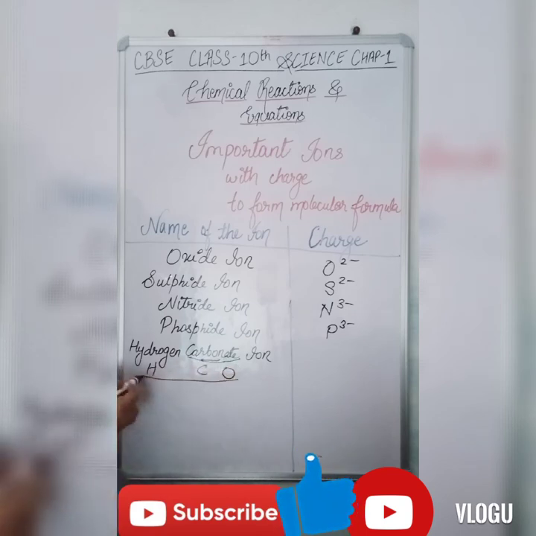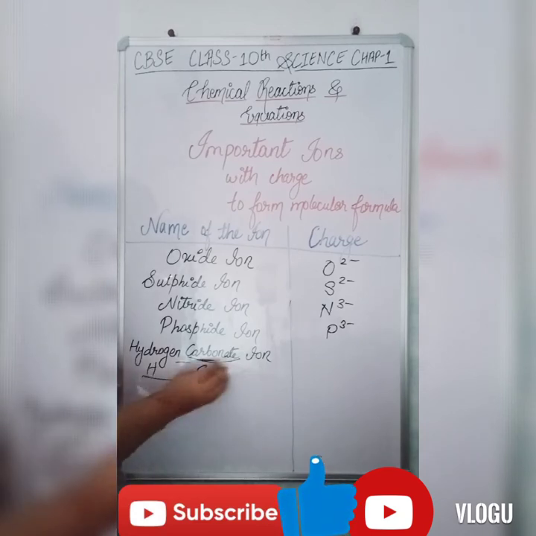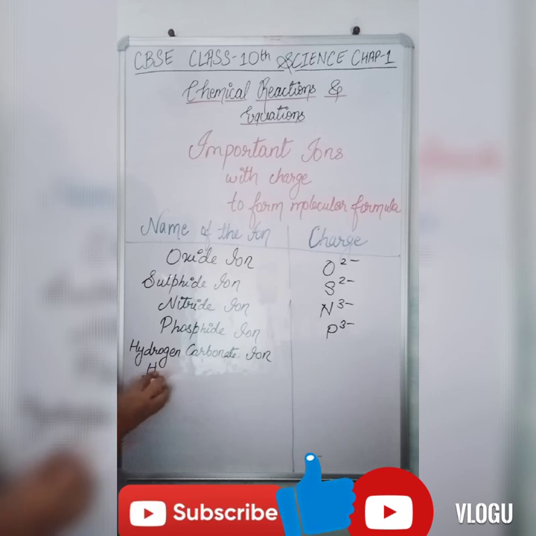So it is made up of 3 atoms. So this is a polyatomic ion. You don't need to write here HCO. I have just written here to explain what a polyatomic ion is. So polyatomic ions are made up of more than 2 atoms.